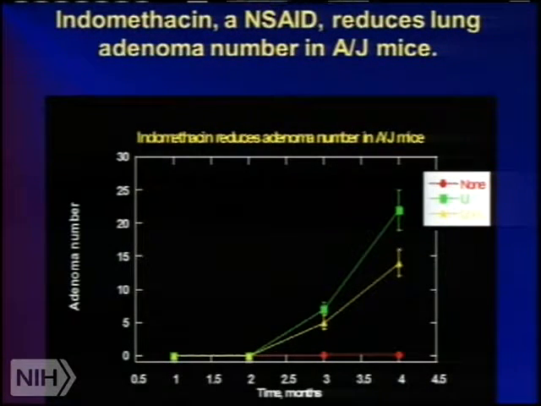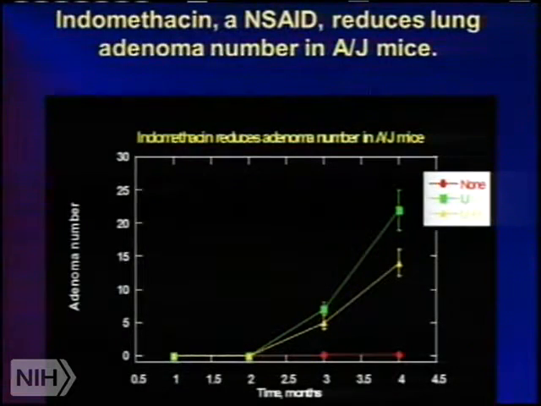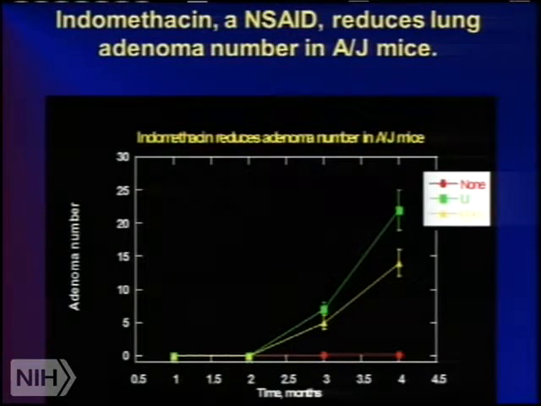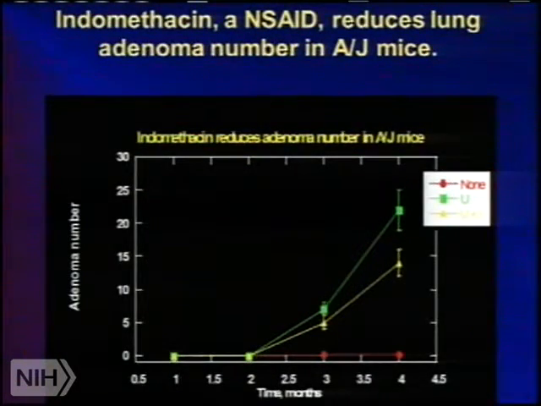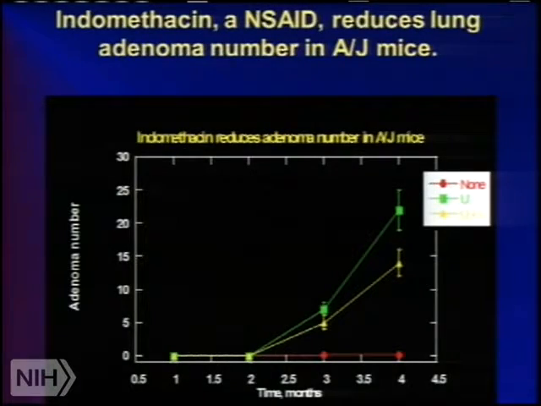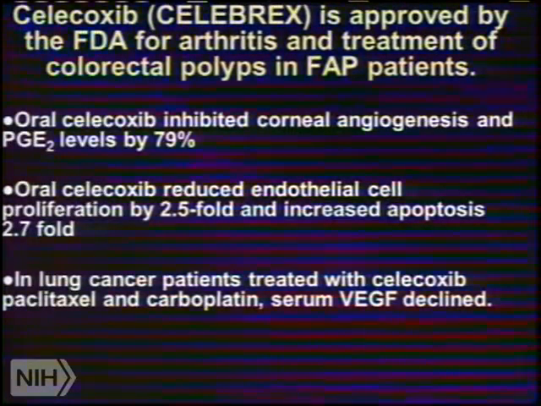We used a nonsteroidal anti-inflammatory drug, initially indomethacin in the 1990s, and it slowed the tumor growth. But if you didn't give any carcinogen, you didn't get any tumors in this animal model. Then celecoxib was developed, Celebrex.